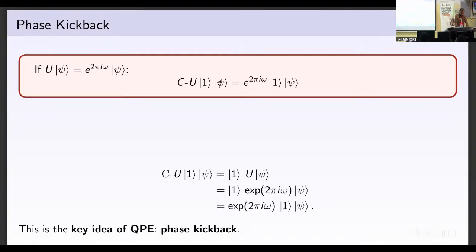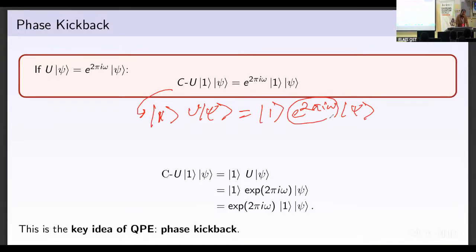So when the control qubit is 1, the action of U on psi occurs, and since this is a constant value, we can always move it back to the first qubit, that is the control qubit.